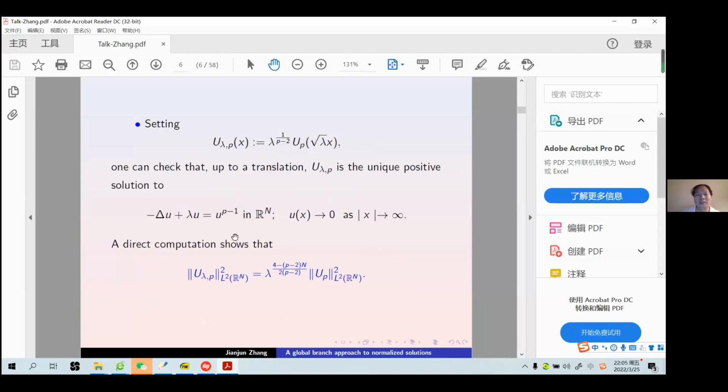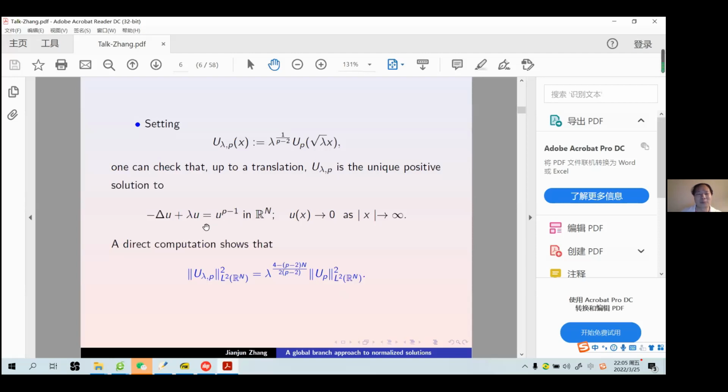Also, in our work, we could not consider the case for P critical. So if P is equal to 2 star, we also could not consider this case. Because if P is critical, we do not know whether this problem has a positive solution or not.